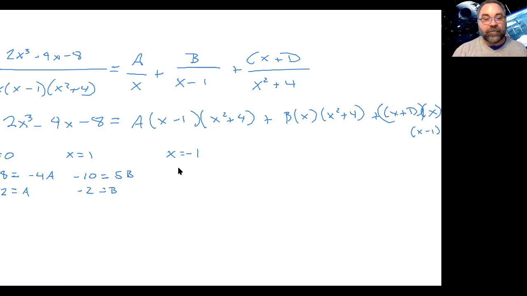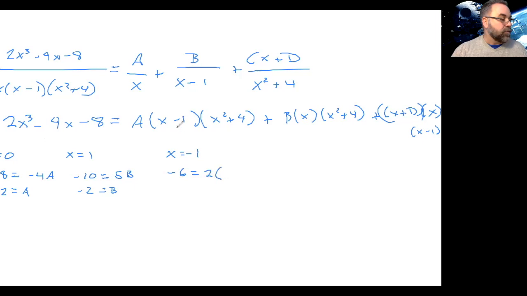All right, where were we? x equals negative 1, yeah, all right. So if x is equal to negative 1, on the left side we have 2 times negative 1, so negative 2, plus 4, so that's positive 2, minus 8, so that's negative 6. Over here on the right-hand side, now A is 2.